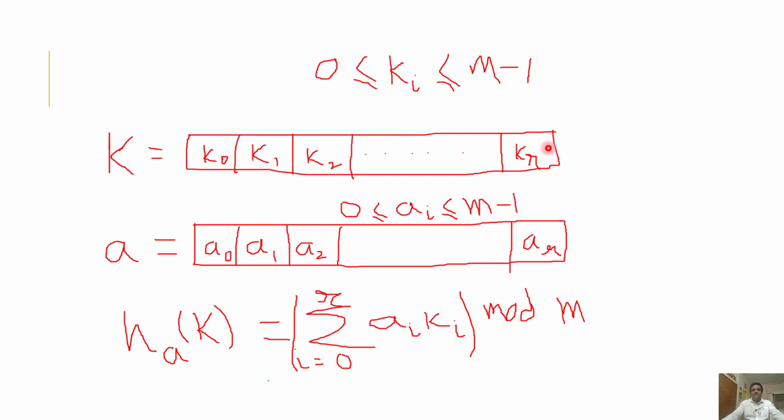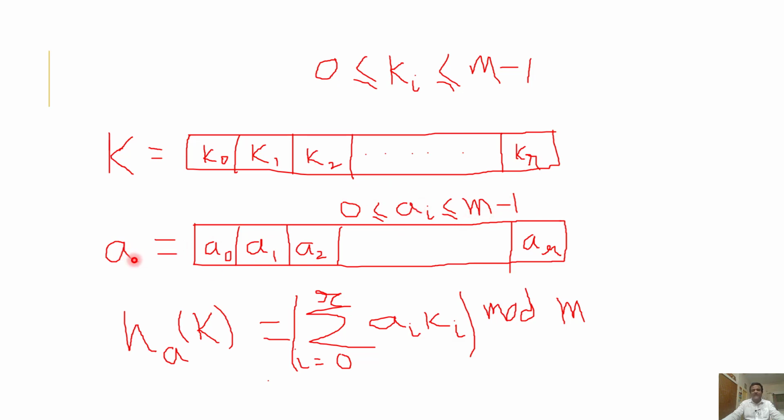So, this is a long key, and we divide it into this many blocks. Now, we choose a random vector, and each entry of this vector is chosen randomly, so it could be any value from this range.